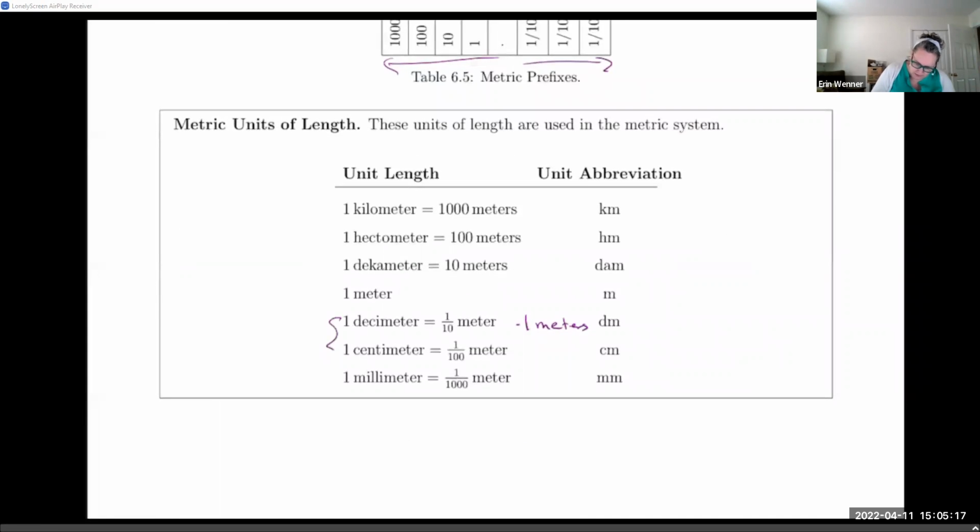For these ones, to make it easier, 1 meter is equal to 10 decimeters, 1 meter is equal to 100 centimeters, and 1 meter is equal to 1,000 millimeters. And I find those to be easier to deal with than using the fractional portion, okay?